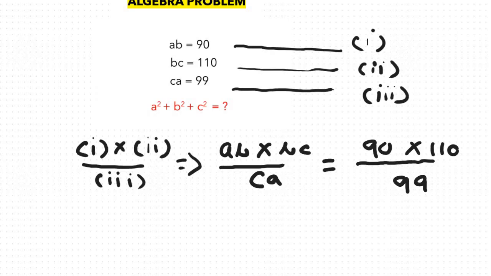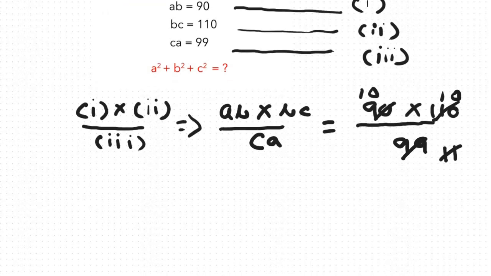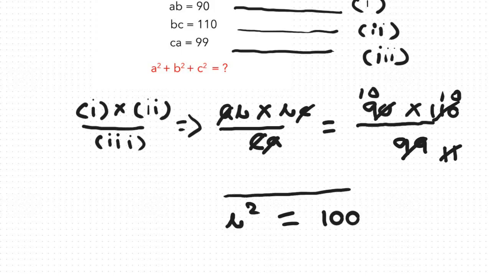If we divide 90 by 9, we get 10, and if we divide 99 by 9, we get 11, and if we divide 110 by 11, we get 10. So on the left side we can cancel this C and this A, which gives us B square equals 10 times 10 is 100. This is our first value.